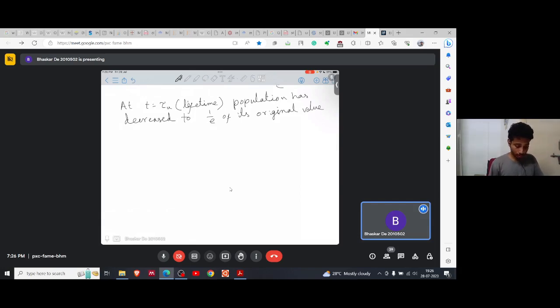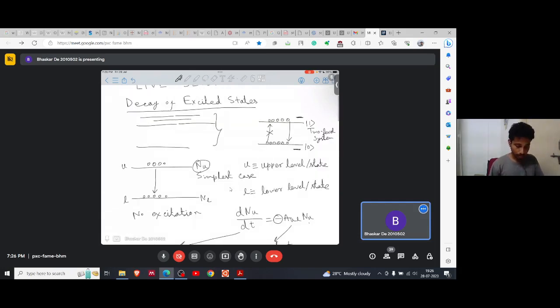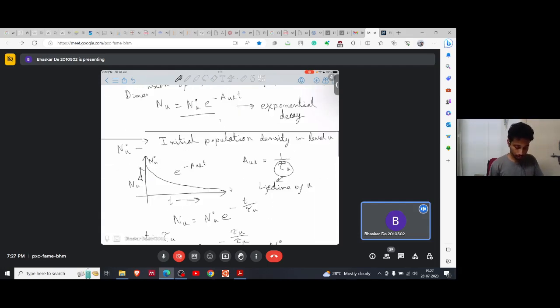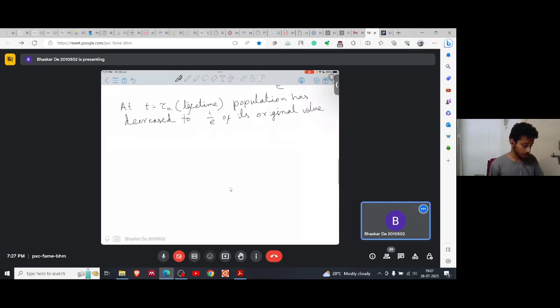Now as I was saying, in a real system there can be multiple levels like this one. Okay, there is no such thing as only 2 levels. We approximate everything to 2 levels, that's a different thing, but there can be many more levels.